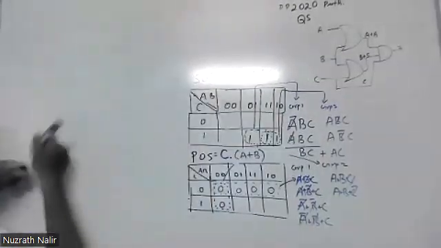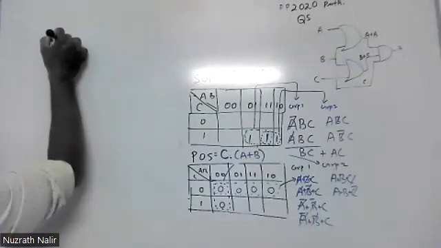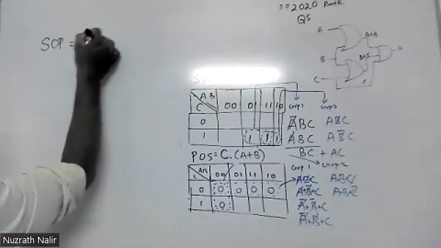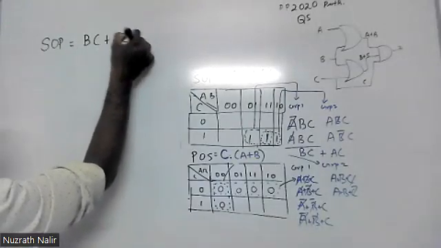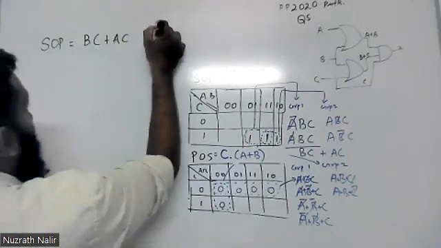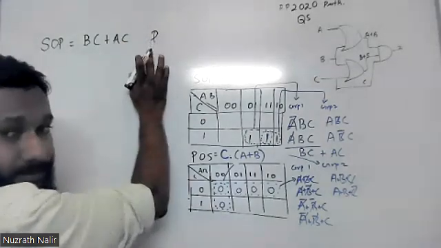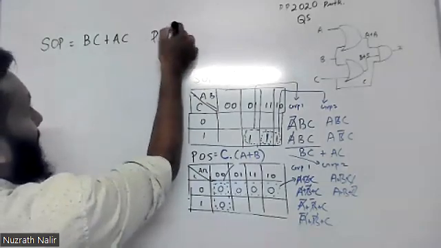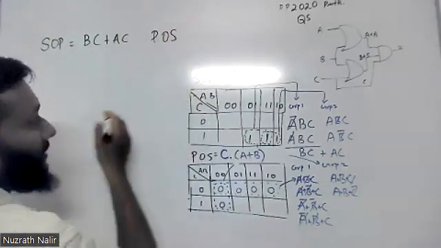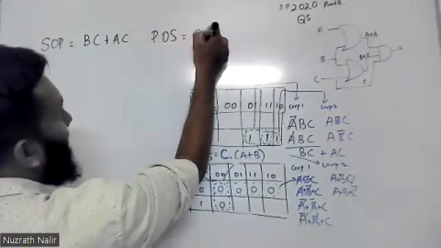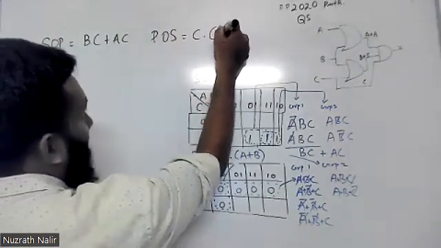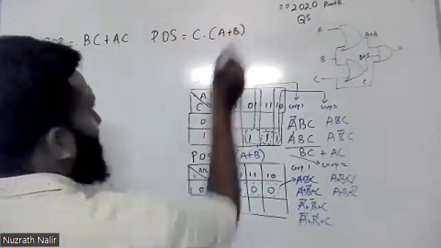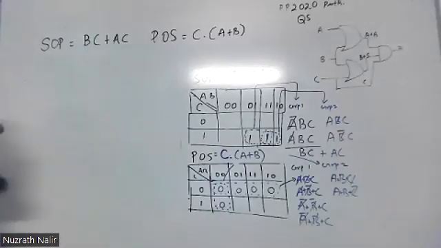Look at this. Your SOP is equal to BC plus AC. For the POS, is equal to C dot A plus B. So this is your answer.